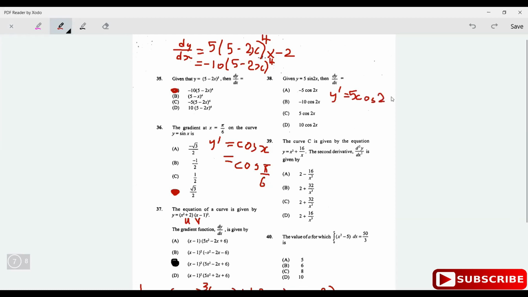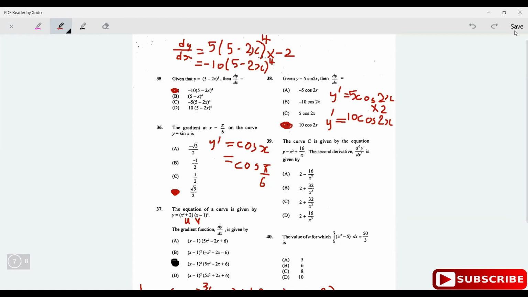And remember, you multiply it then by the derivative of 2x, which is 2. So y prime is equal to 2 times 5, which is 10. And so you get 10 cos 2x, which is option D.